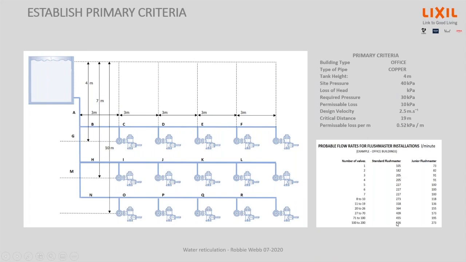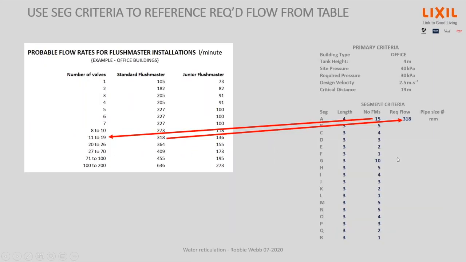Okay. So every segment's got a required probable flow. And then in this case, we're using just simple friction loss tables. So at 318 liters per minute, there it is. Okay, we're allowed to lose how many? 0.52 kPa per meter.